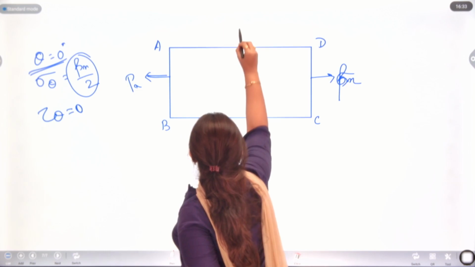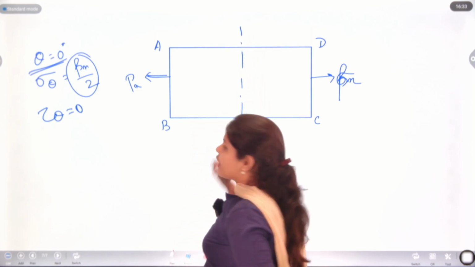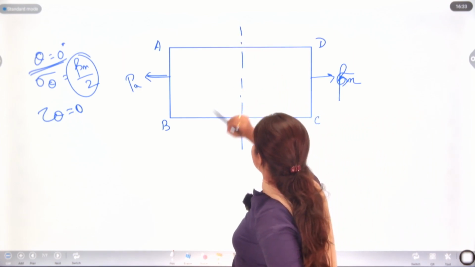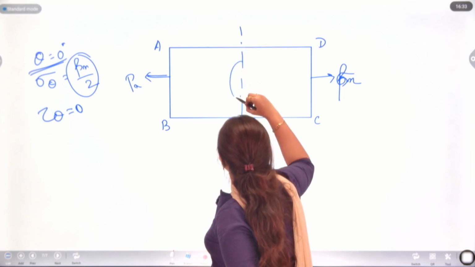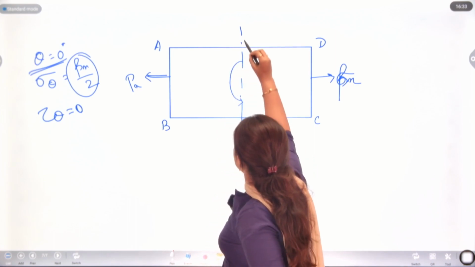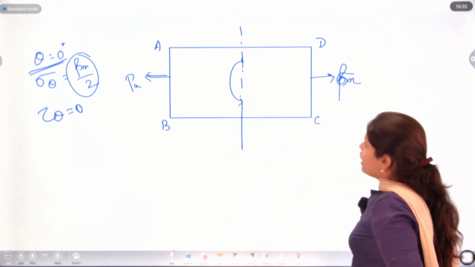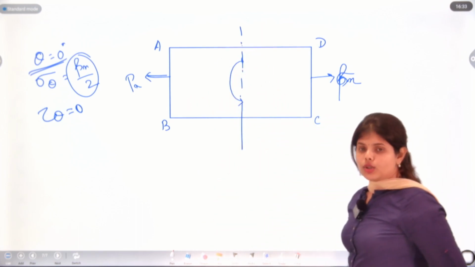If we see in this vertical plane in anti-clockwise direction, first at 0 degree, sigma theta will be Px by 2.